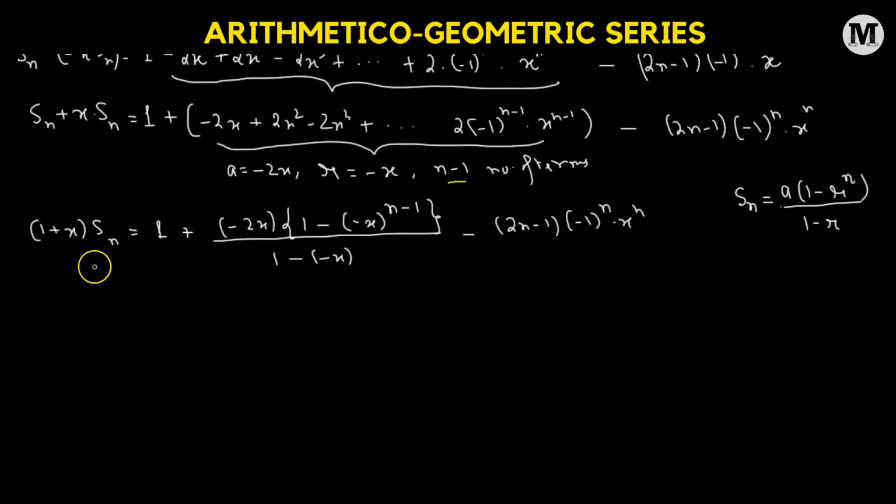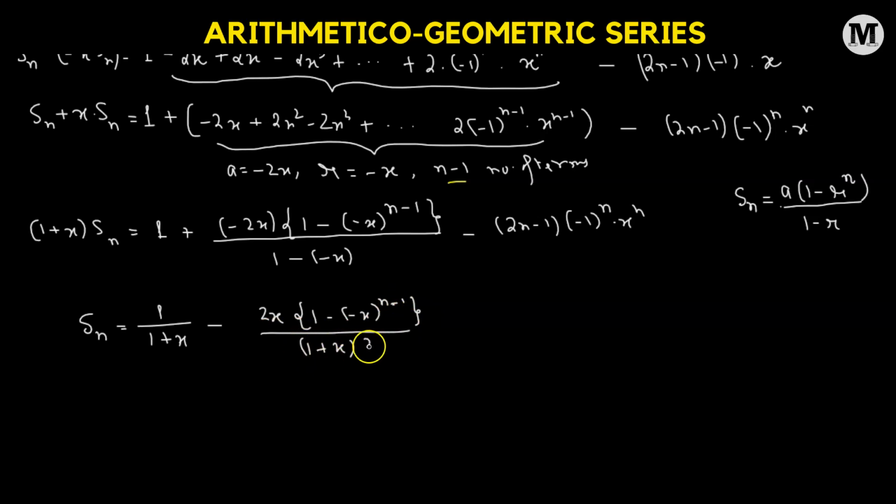Further simplifying this, we're going to divide both sides by 1 plus x. So we have 1 over 1 plus x, negative 2x multiplied to 1 minus negative x raised to the power of n minus 1. This will be divided by 1 plus x, and we're going to square this value.